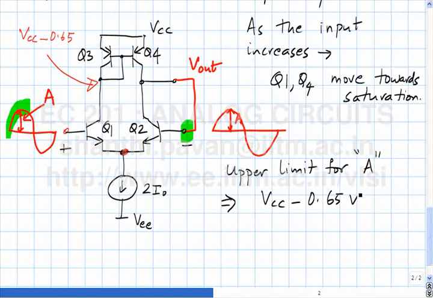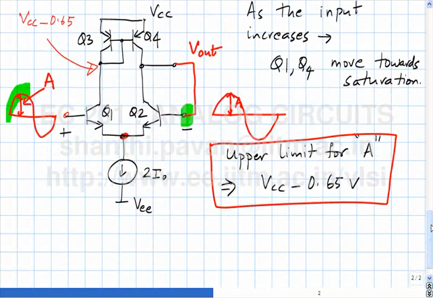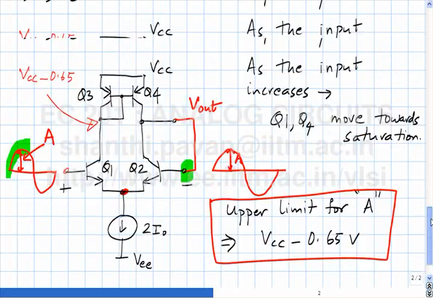So what do you think happens when A goes low? How low can the sine wave go before weird things start happening? In a negative half sine wave cycle, what do you think is the problem? What is the incremental current through Q4? Please look back here.